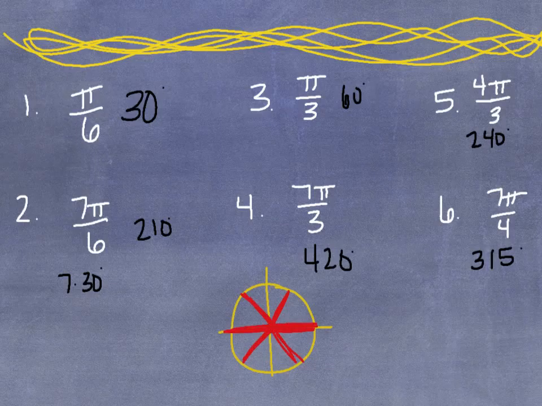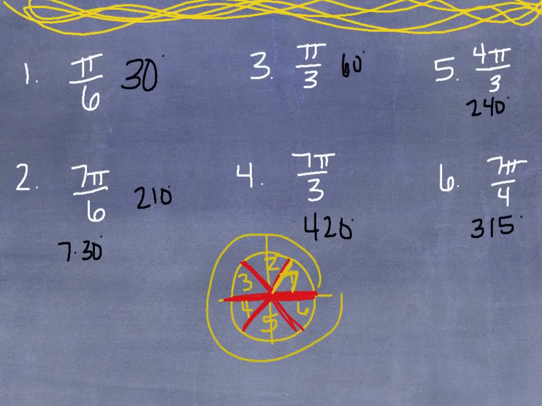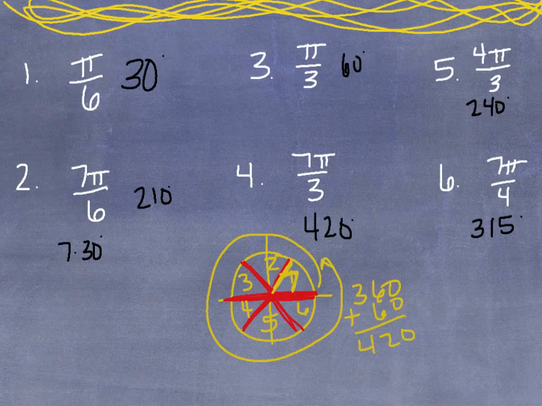And I have 7 of them, so this would be 1, 2, 3, 4, 5, 6 thirds. 6 thirds would be 2 pi, so 7 would be back around. So it's like I'm doing a full lap and then another one. So it's the 360 plus another 60-degree angle is where I get that 420.